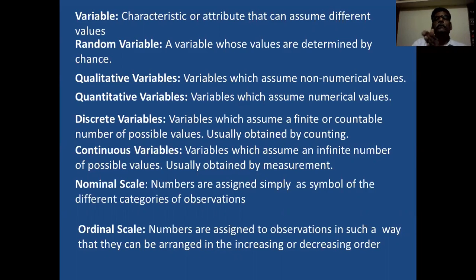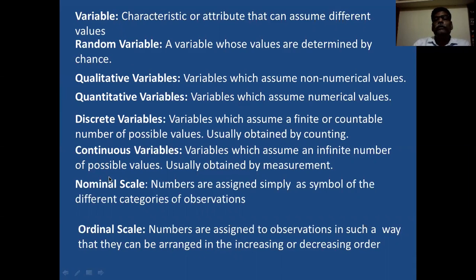In decreasing order means 10th, 9th, 8th, 7th, 6th, 5th, 4th, 3rd, 2nd, 1st. If there is an order in giving the number, that is called the ordinal scale. If you do not follow any order and simply give the number, that is called the nominal scale.